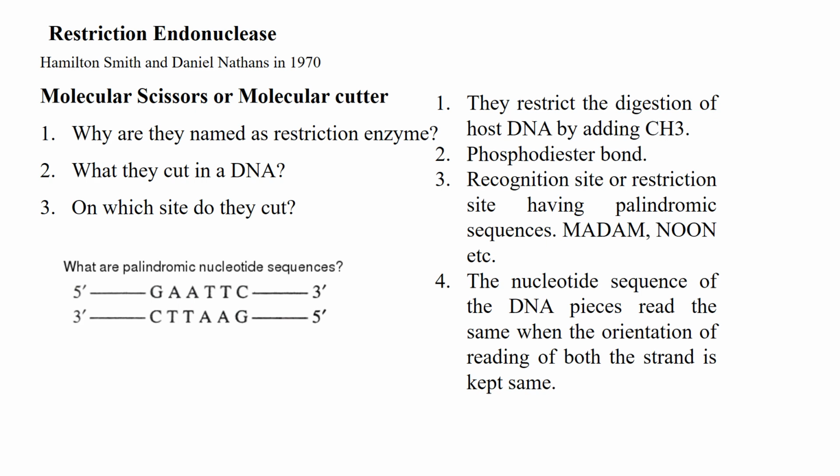Actually, they cut at the recognition site or restriction site, and these sites must have a unique character: the site must be a palindromic sequence. The site is known as the palindromic site or the recognition site on which they will cut. They must have palindromic sequences.